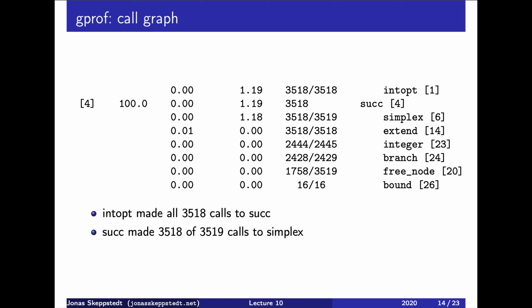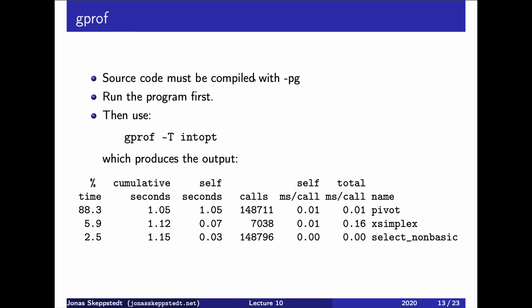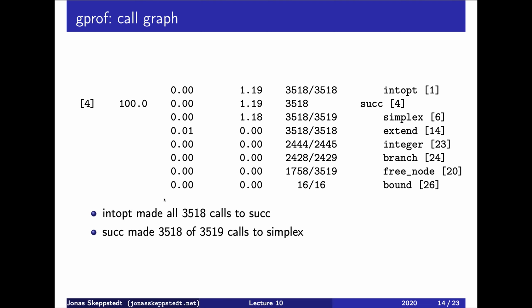Okay, so what is this? We get 2 parts of output from gprof, and this is the first, and the next one is this, where we can see how many times a function calls other functions and which function called our function.